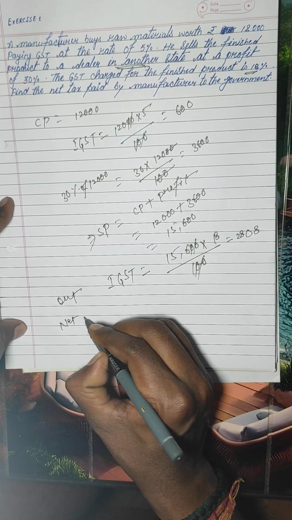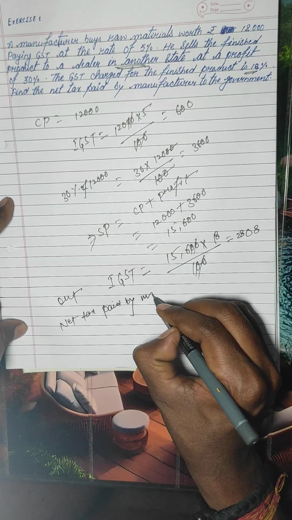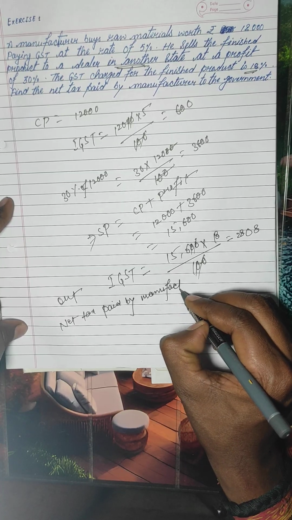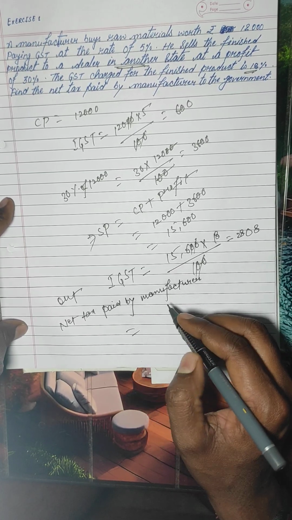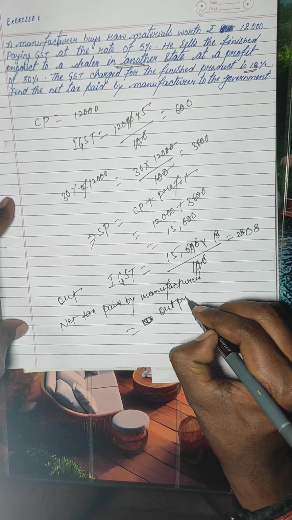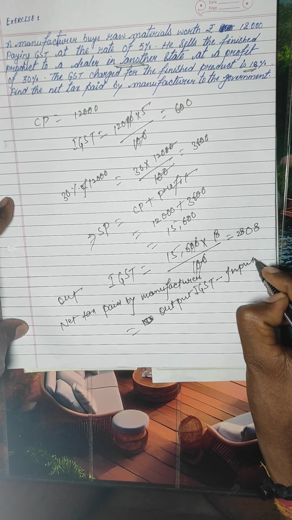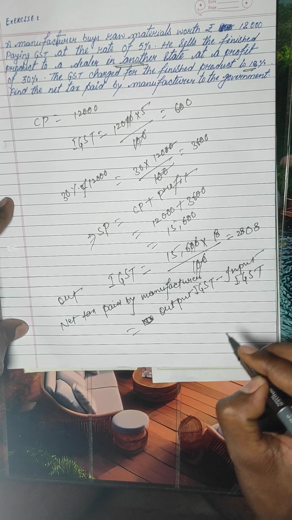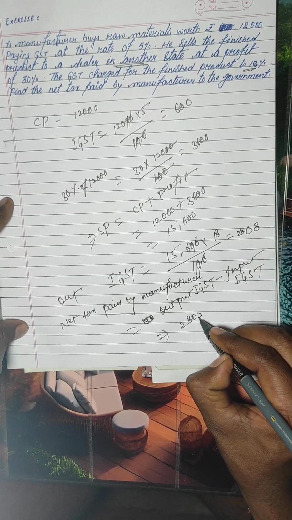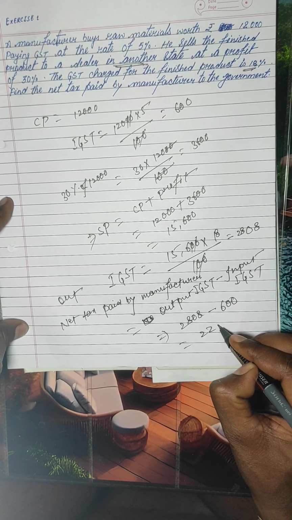So net tax paid by the manufacturer is equal to output IGST minus input IGST, which is 2,808 minus 600, equal to 2,208 rupees.